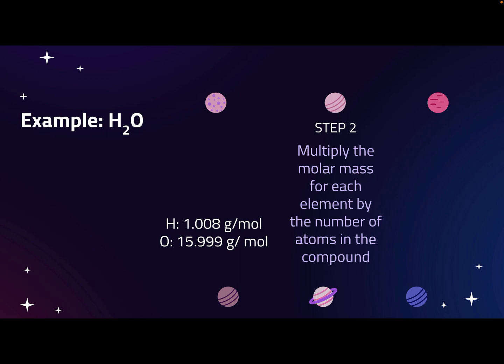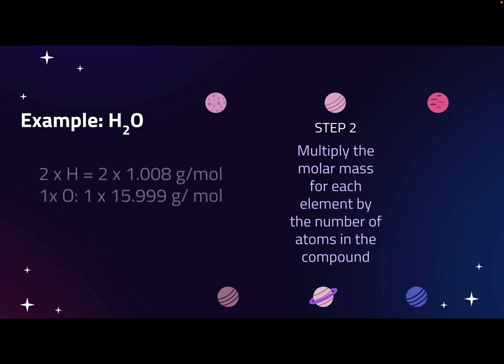There's no subscript next to the O, which tells us there's an invisible 1 there. So we have a total of 3 atoms in the compound. 2 are hydrogen, 1 is oxygen. So to find the molar mass of the compound, I'm going to take 2 times the molar mass of hydrogen, 1.008, and 1 times the molar mass of oxygen, 15.999. So this is step 2 to finding your molar mass.